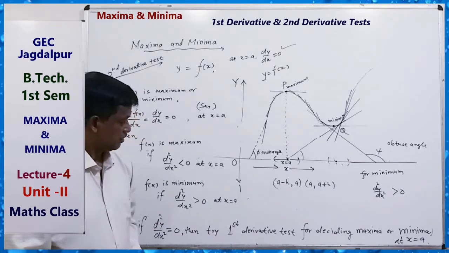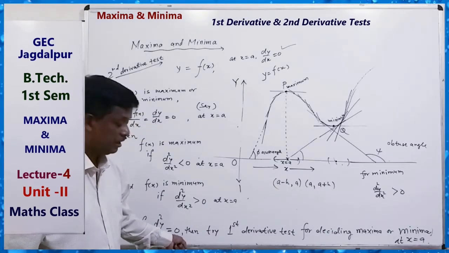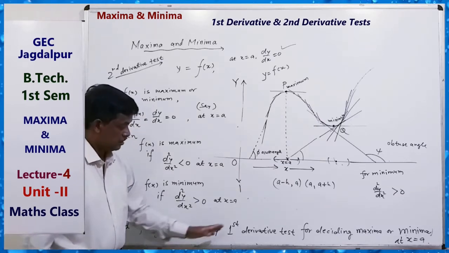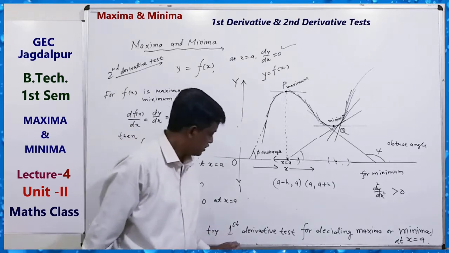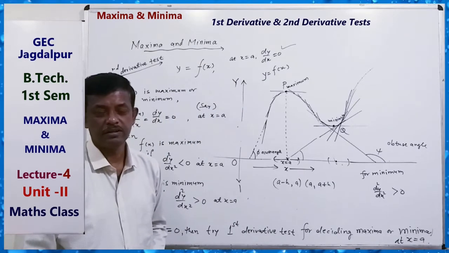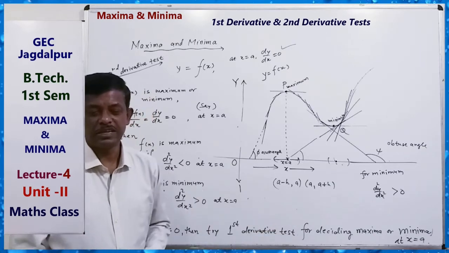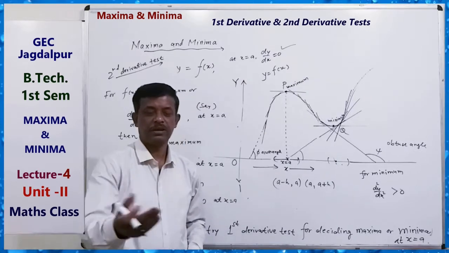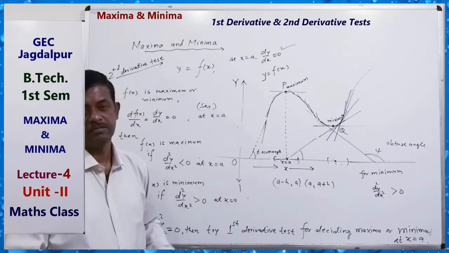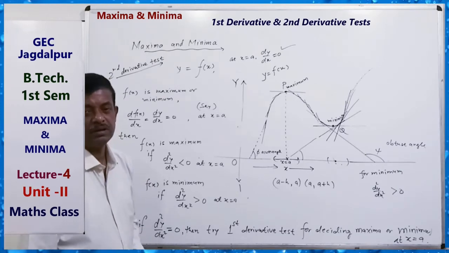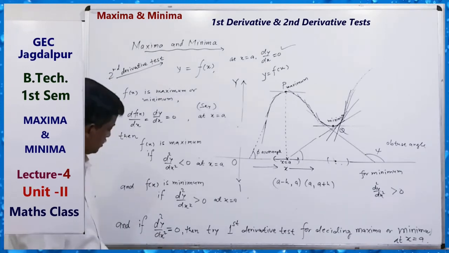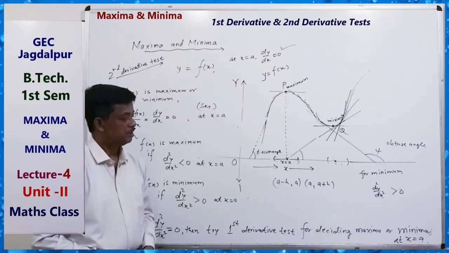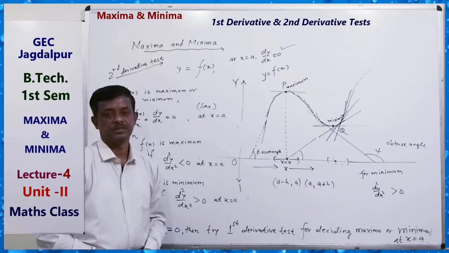And generally, if by using the first derivative test we get that there is no change in the first derivative while approaching the point a, then there is no maxima and no minima. So if d2y by dx square is 0, then we can also test with the first derivative test.